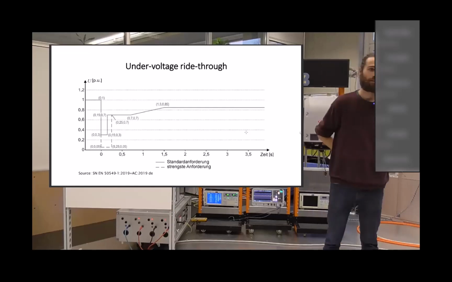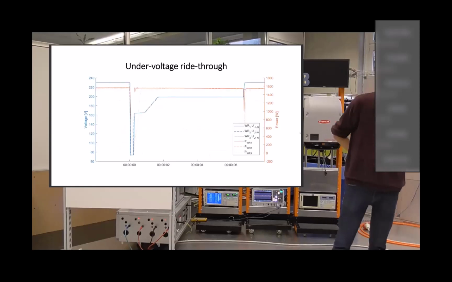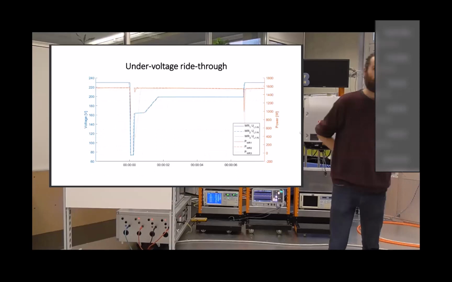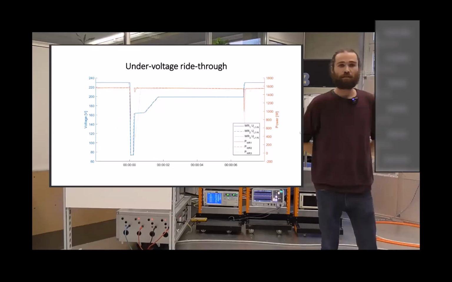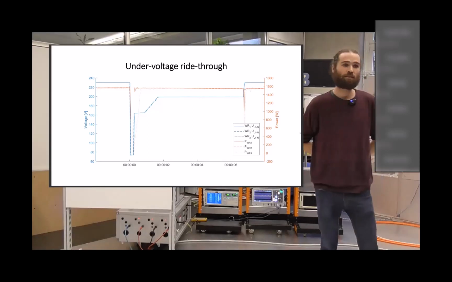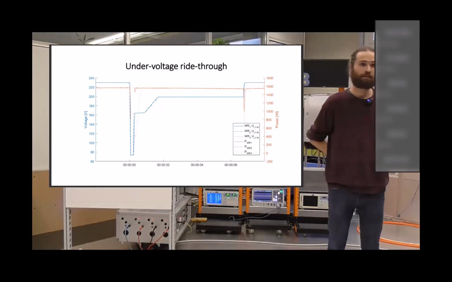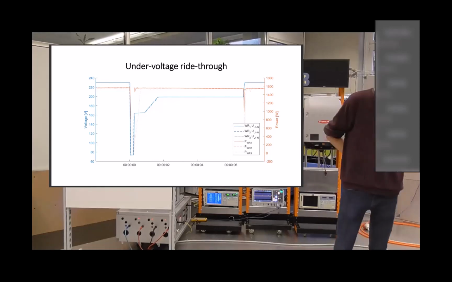It should stay on, injecting power to the grid. On this slide, you can see the measurements we did in an earlier test, this time with 3 inverters instead of 1, how this under voltage ride through looks like. In blue, we can see the voltage, and in orange, the power which was injected to the grid.